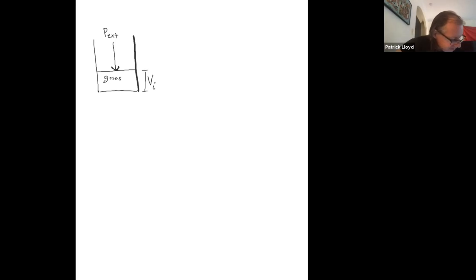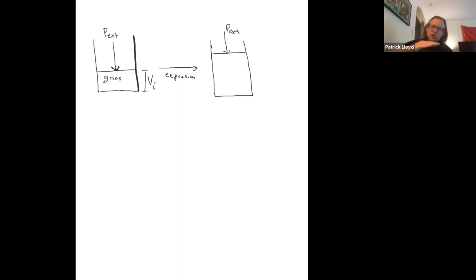Now suppose we undergo expansion. What does that mean to say expansion? What we mean is the gases are now occupying a larger volume, and what they're doing essentially is pushing that piston up.